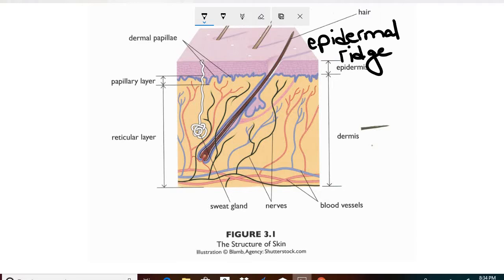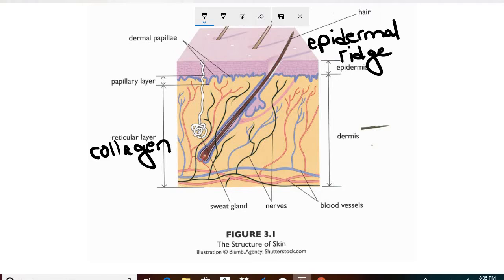If we look at this second layer of the dermis, the reticular layer, it is made up of a network of collagen fibers. And remember, we learned about collagen when we were looking at connective tissue. So again, we said it's dense, irregular connective tissue.